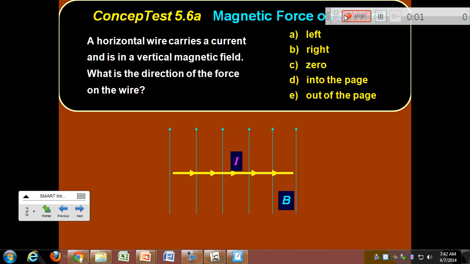Then we have a wire with a current in it. What's the direction of the force on the wire? Magnetic field is up.